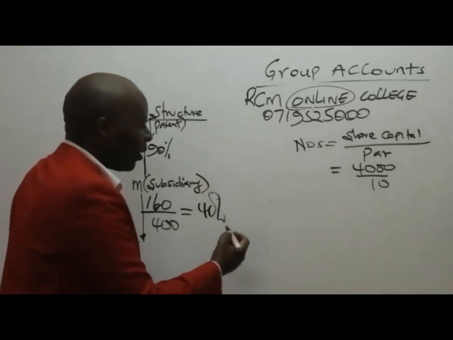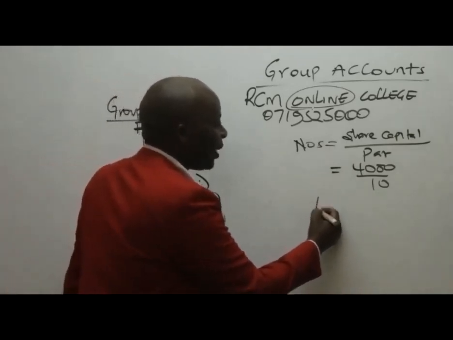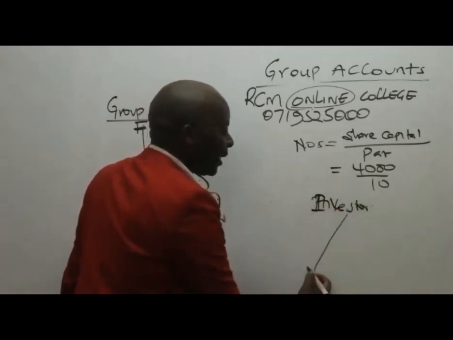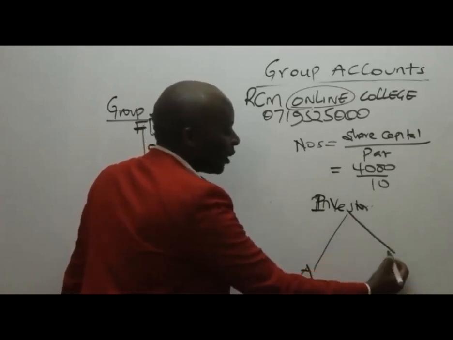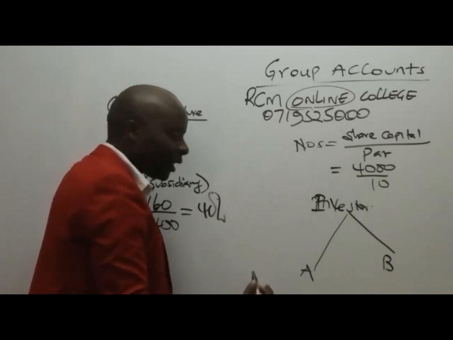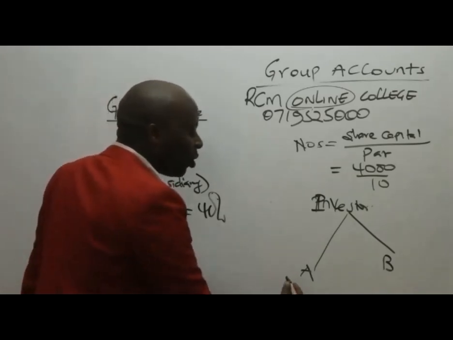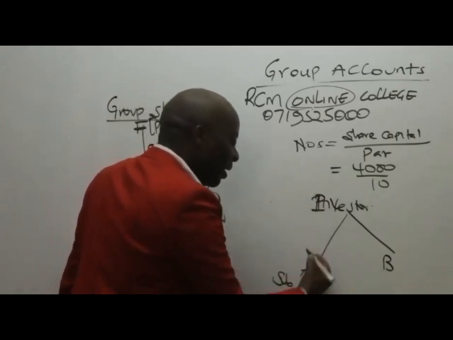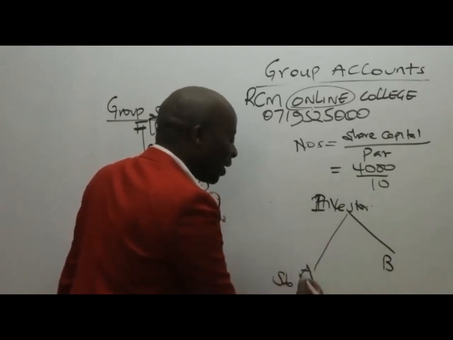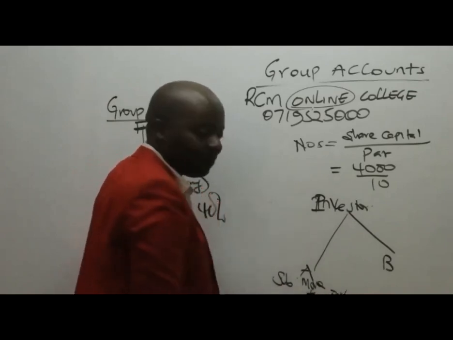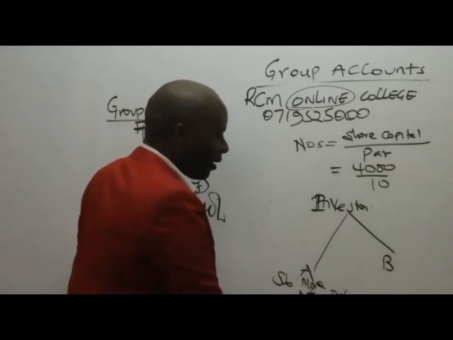Remember our categories, that if, for example, we have an investor company, and this investor company has got a company A and a company B. Company A, quantitatively, will be called a subsidiary of the investor if this investor has shares which are more than 50%.